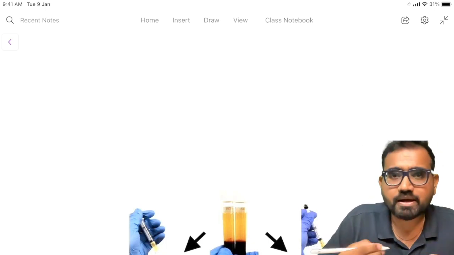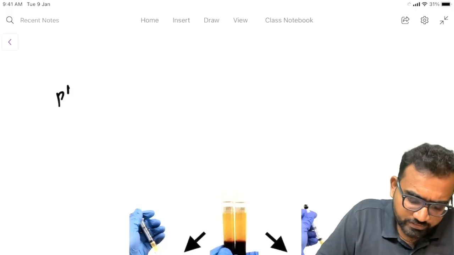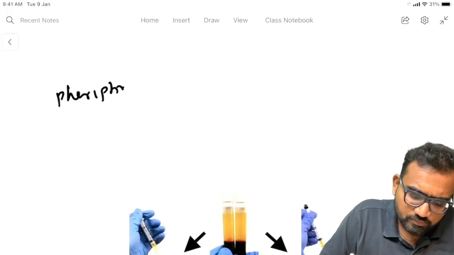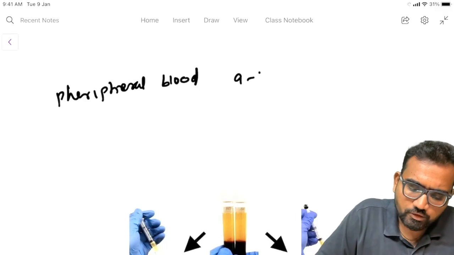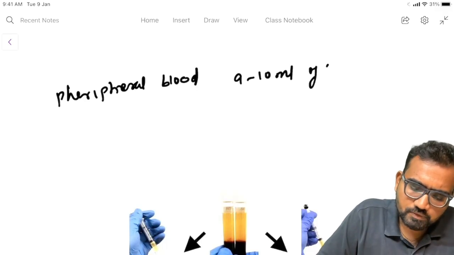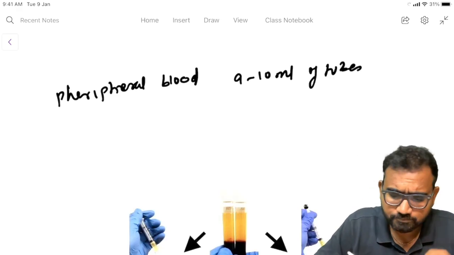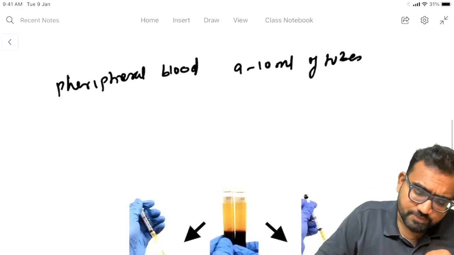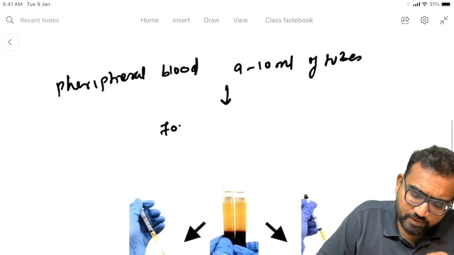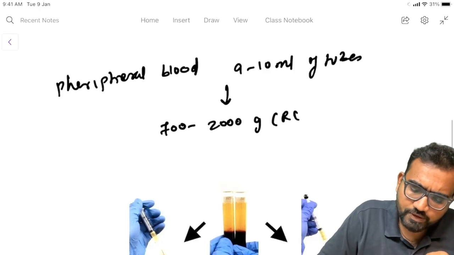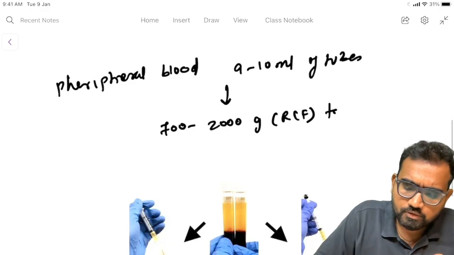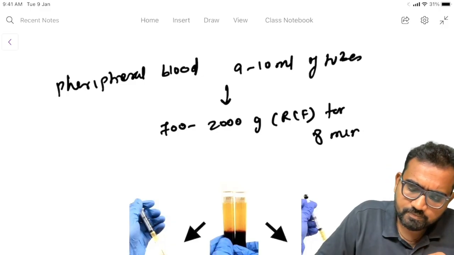First we collect blood, the peripheral blood, in 9 to 10 ml tubes. Then I centrifuge it at 700 to 2000 G, or relative centrifugal force, for 8 minutes.